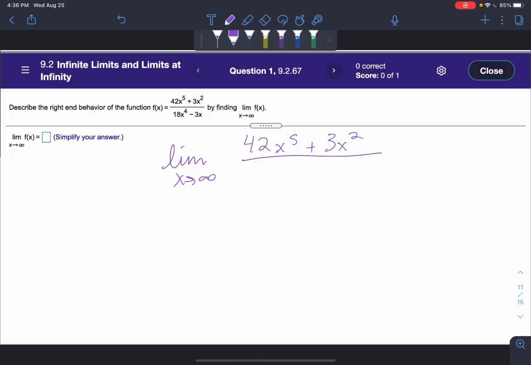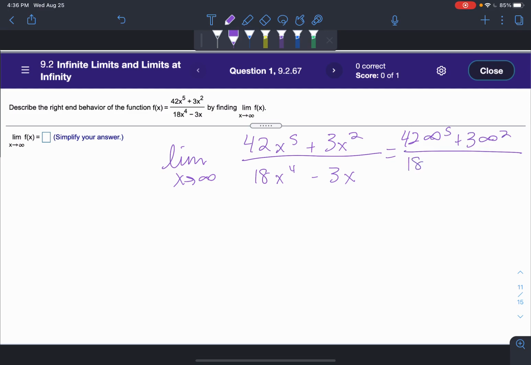For this one, remember when we were talking about the leading terms? Well, it's coming back, okay? So for this one, you want to do the same kind of analysis, right? If you plug in infinity, you're going to get 42 infinity to the fifth plus 3 times infinity squared over 18 infinity to the fourth minus 3 infinity.